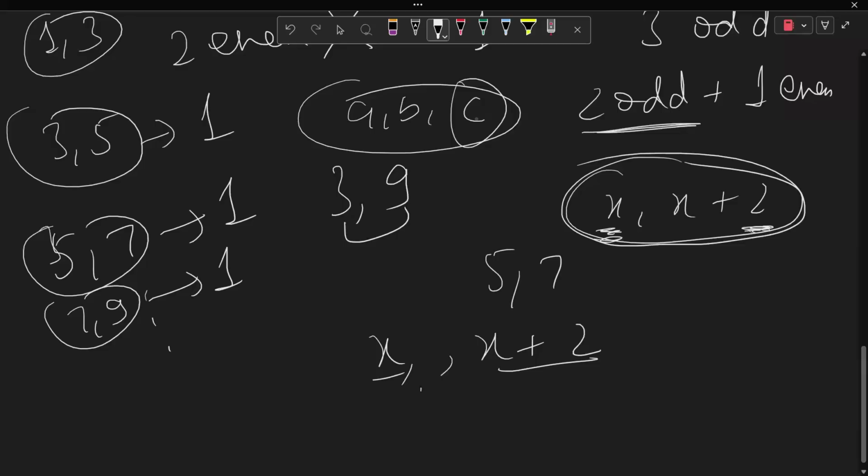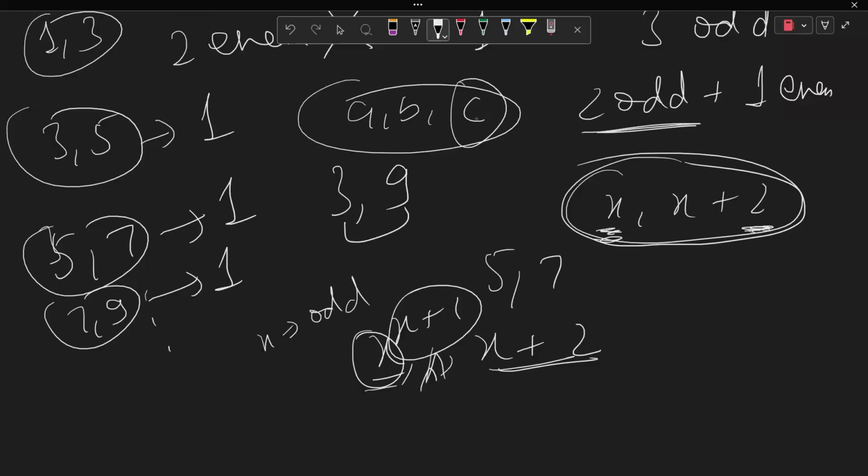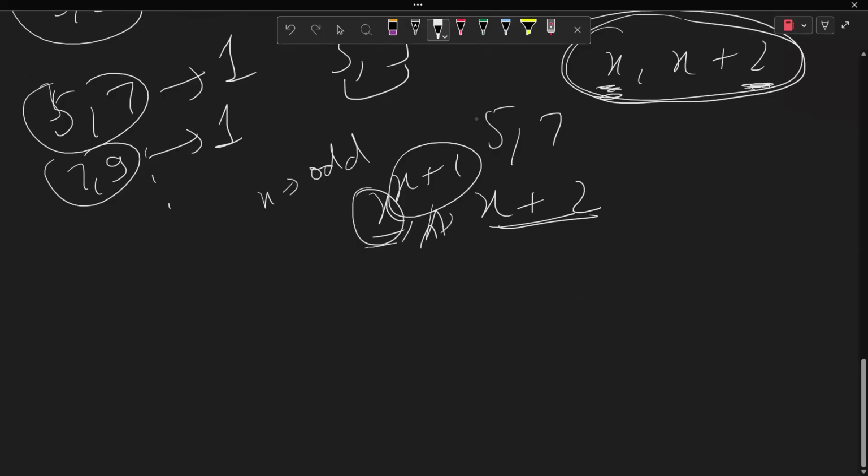Between x and x plus 2, there is x plus 1, which is an even integer. I'm assuming that x is odd here. So whenever you take x and x plus 2, two consecutive odd integers, there would be an even integer in between. You should utilize that number instead of taking another odd integer that can be utilized in some other operation.